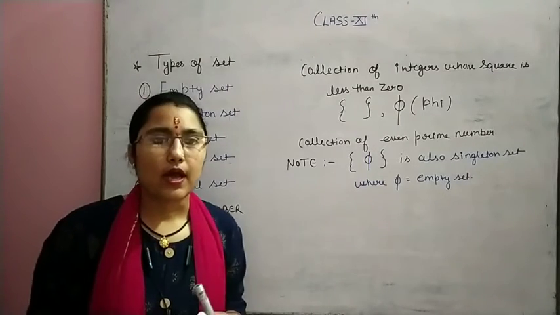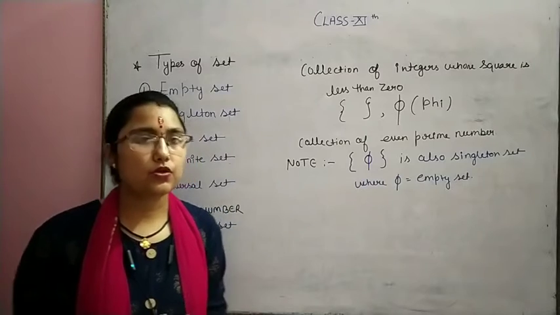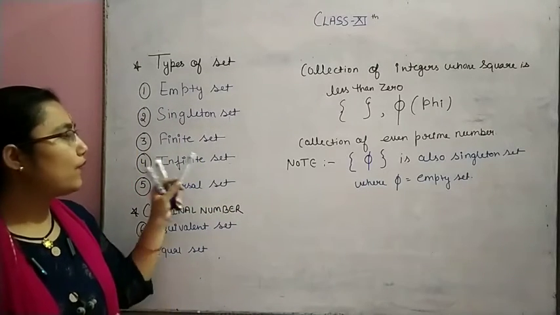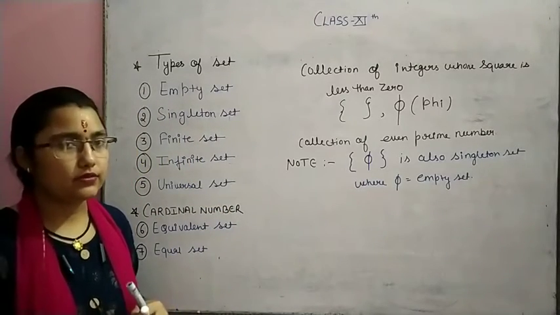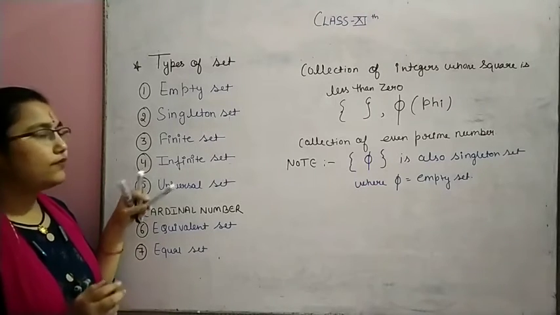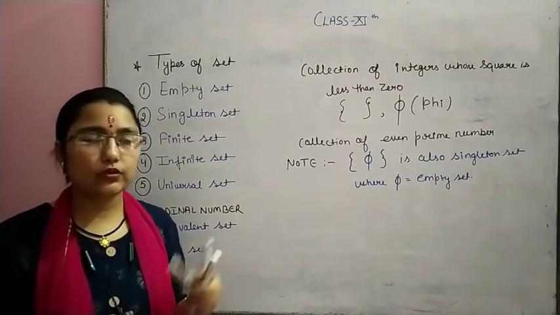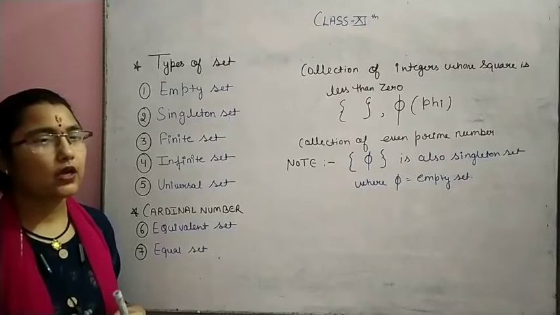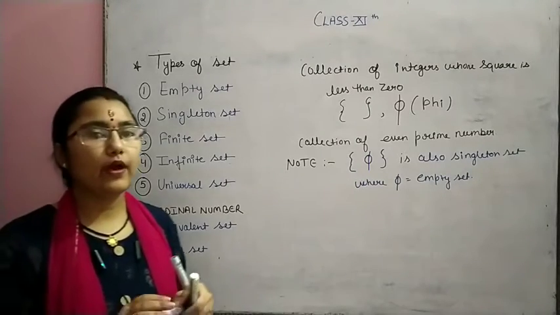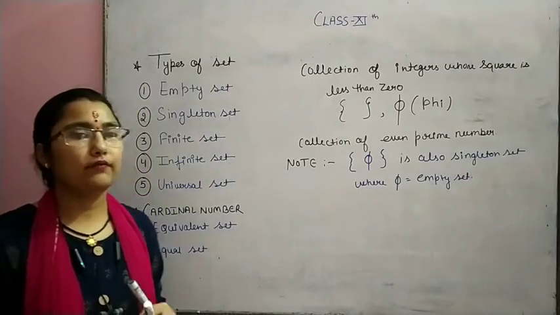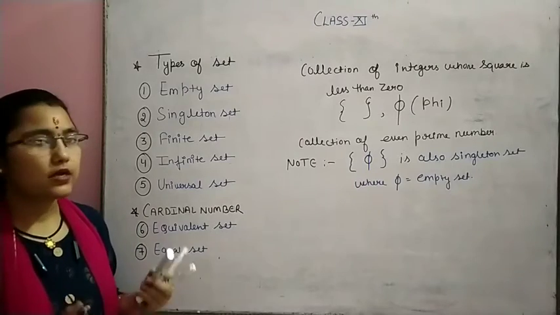A finite set has either no element or a finite number of elements. Now the infinite set. According to the name, infinite. So a set which contains an infinite number of elements is called an infinite set.